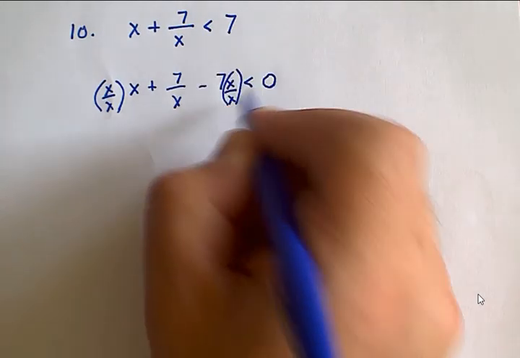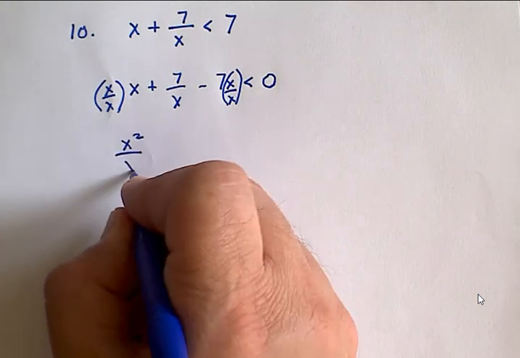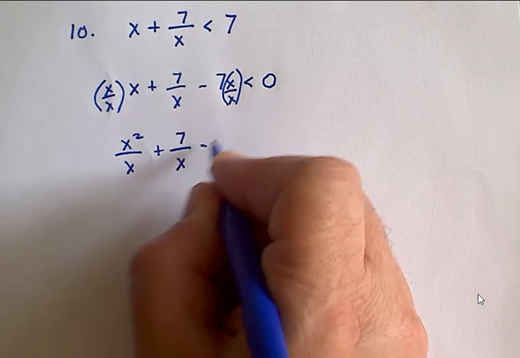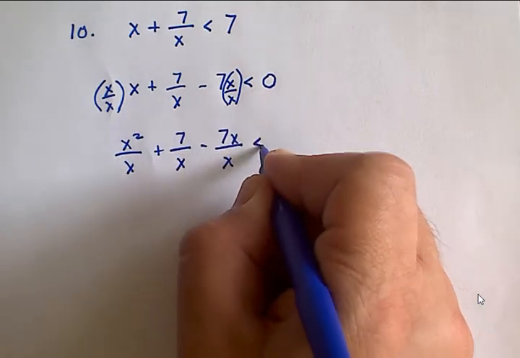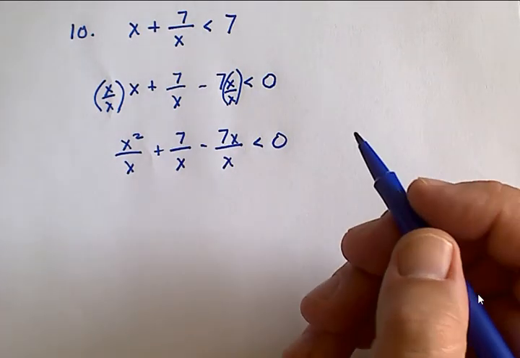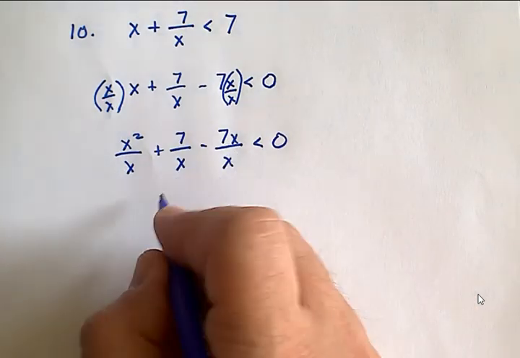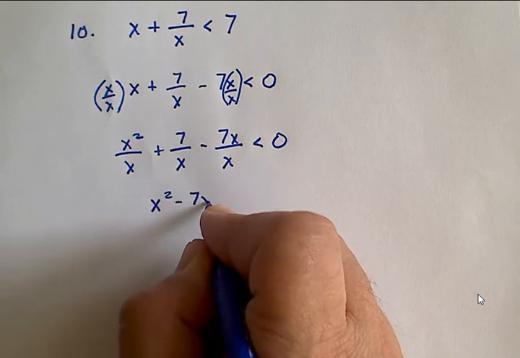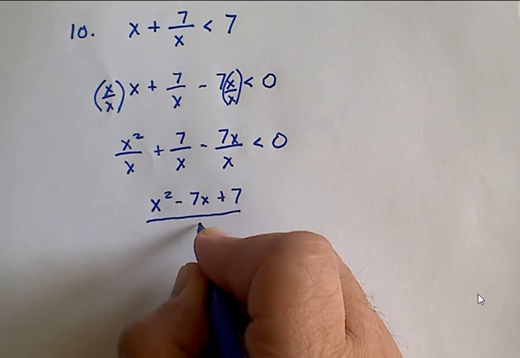And this becomes x squared over x plus 7 over x minus 7x over x. And now, since they all have the same denominator, I can put it all together. I'm going to rearrange some terms on top here, but I get x squared minus 7x plus 7 over x less than 0.